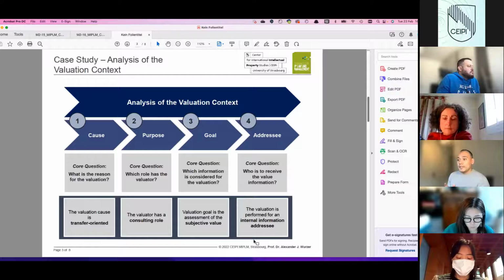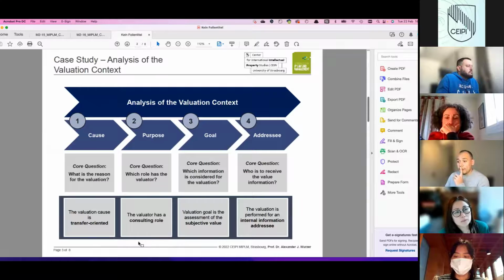Here, the purpose is that the evaluator has a consulting role. As I also explained, we're looking for the subjective value instead of the objective value. So this is important to understand in terms of the goal. Here, this is an internal transaction. There are no other external parties involved. The evaluation is performed for an internal information addressee.